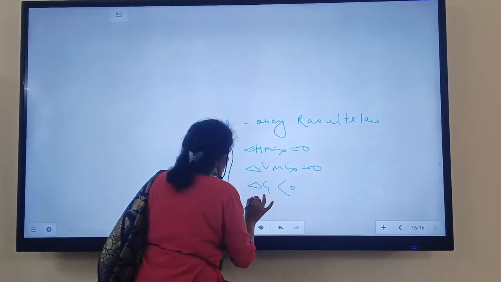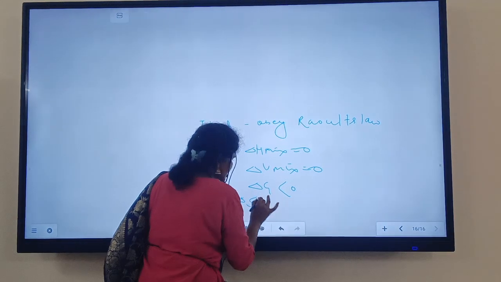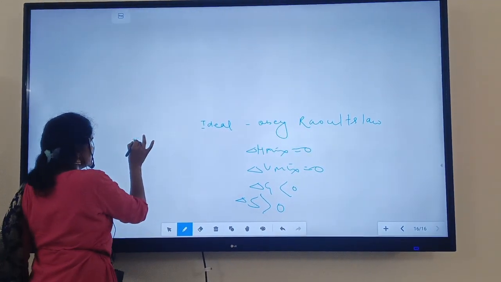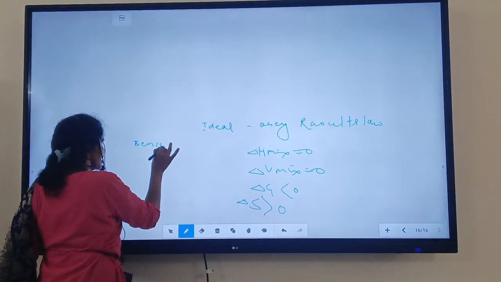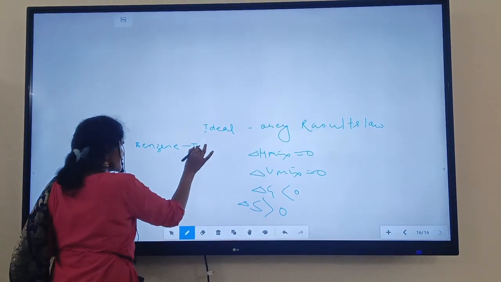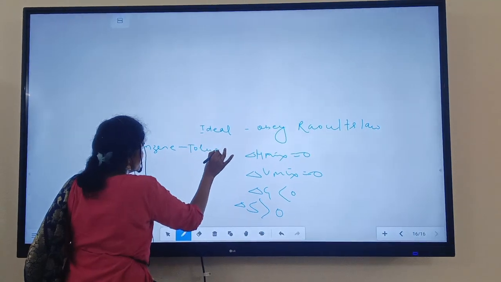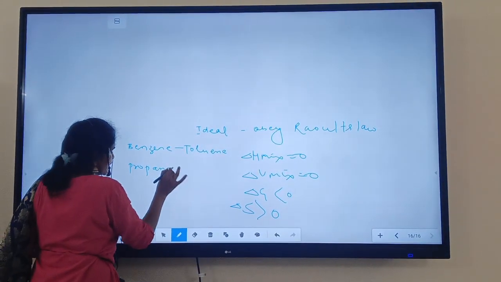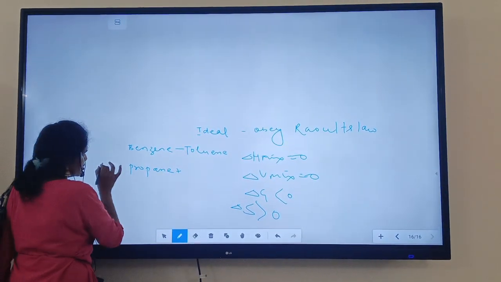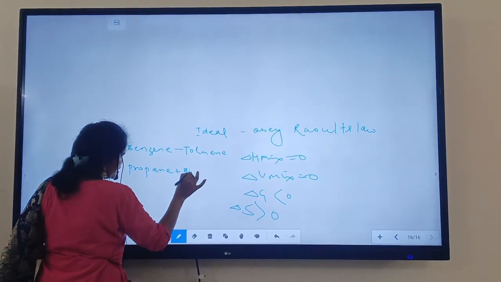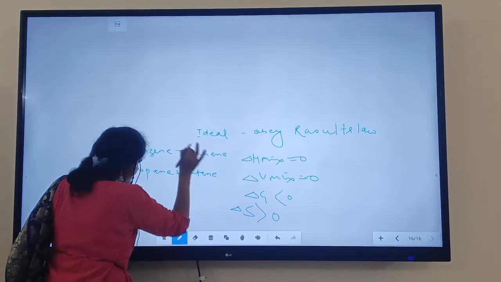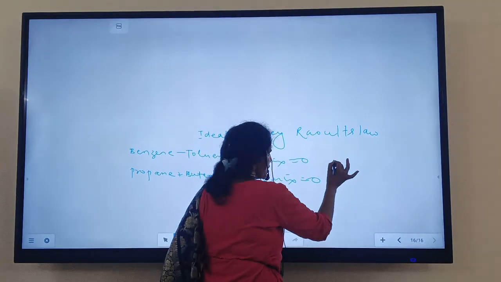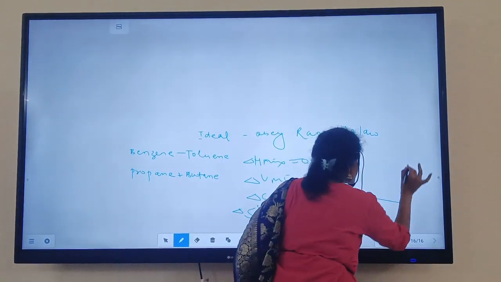Delta S is greater than 0. Examples: ethane, or butane, anything which has the same nature. For Raoult's law, the graph will be a straight line.